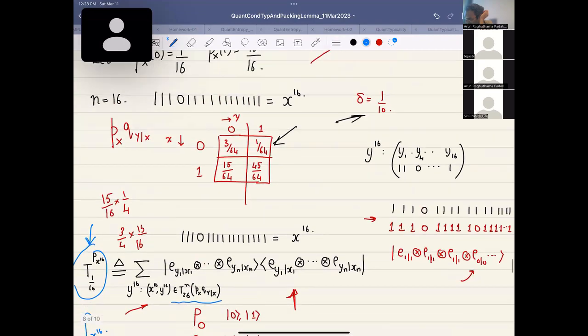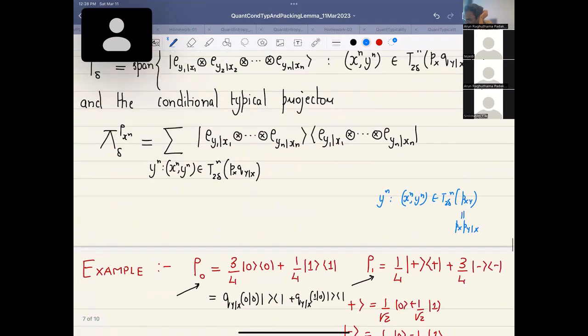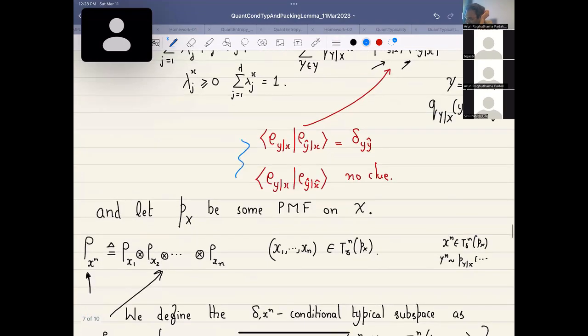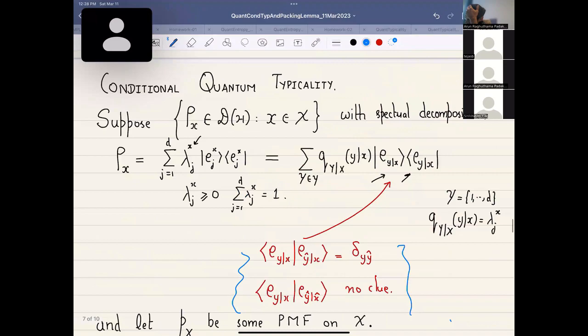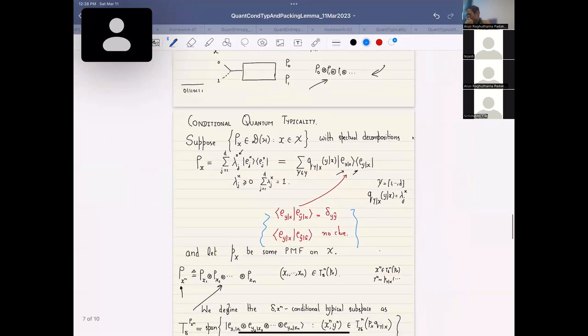Yeah, this thing I wrote, slightly above. This one. Yeah. So these don't commute, you are saying, for different x's, correct? Yeah, the rho x's need not commute. That's the difference.